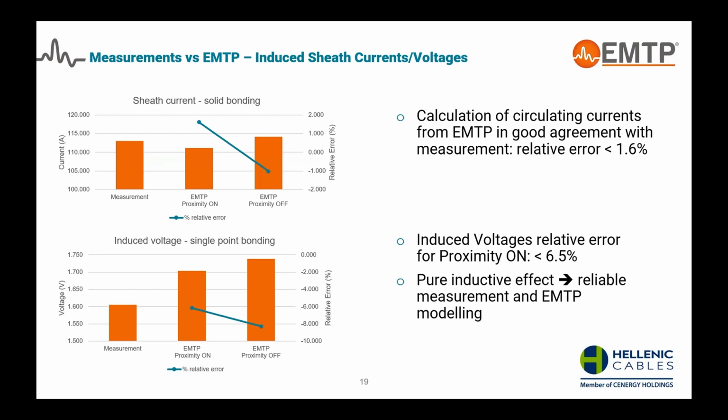The circulating currents from EMTP are also in good agreement with the measurement and give a relative error less than 1.6%. In the other case, when we have the single point bonding, the induced voltages have a relative error less than 6.5%, and this makes our measurement and EMTP modeling trustworthy, and we can consider them a reliable measurement and simulation.